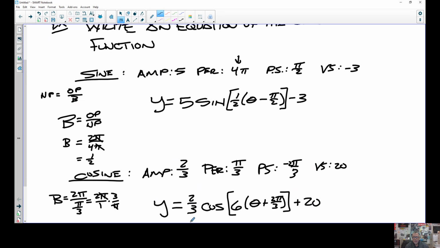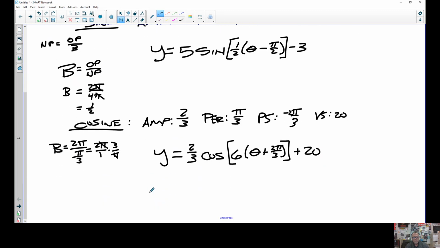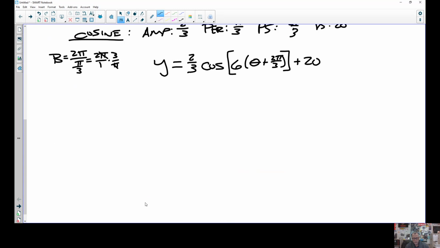All right. Let's do another one. Why not? So again, sine, and let's say amplitude of 3/5, period of 4.